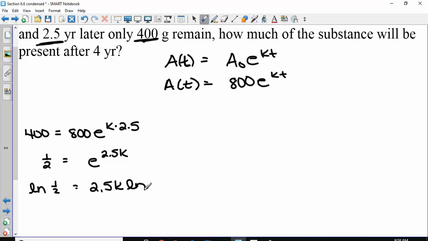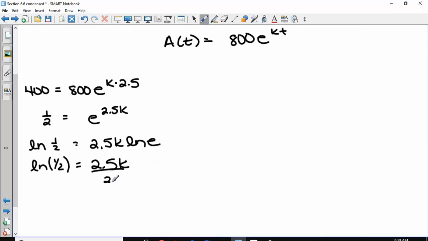The exponent comes down. What happens when you have a natural log of e? So then to get k by itself, we just divide by the 2.5. So we just need to do the natural log of 1/2 divided by 2.5.